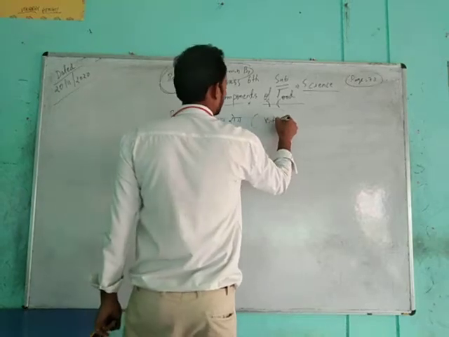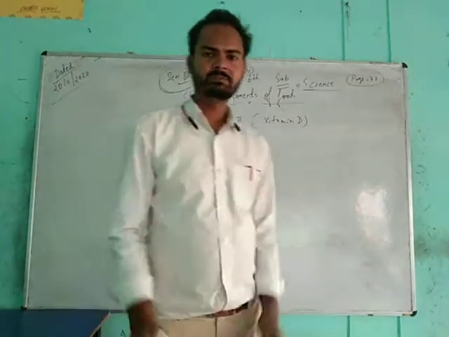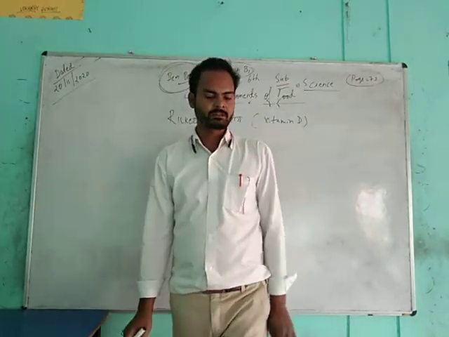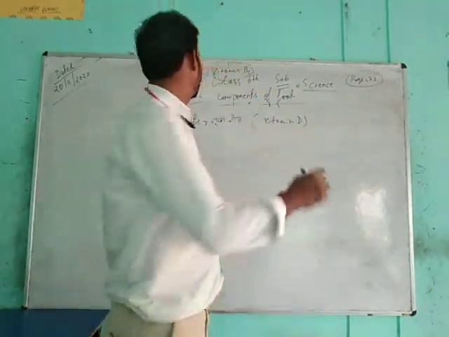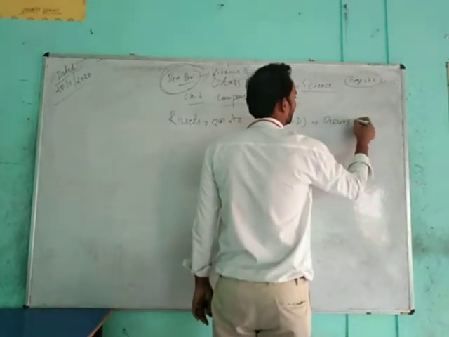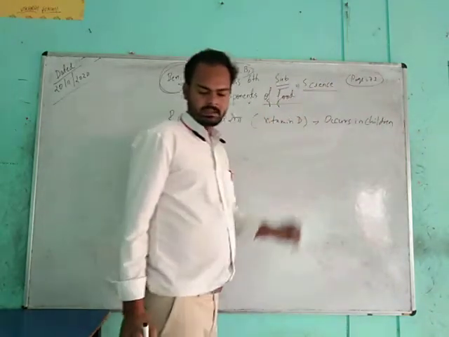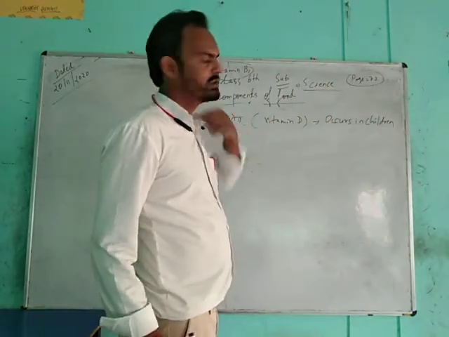This is, you know, lack of vitamin D. Vitamin D is found with the sun, and this occurs in children. Rickets, sukha rog, occurs in children. बच्चों में होता है. And it causes softening and weakening of bones.